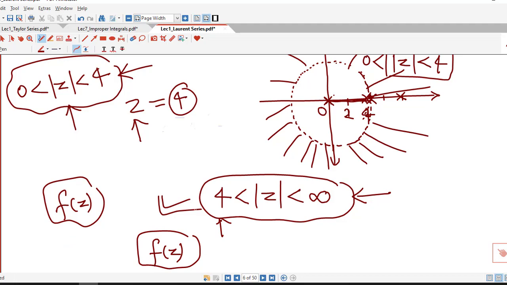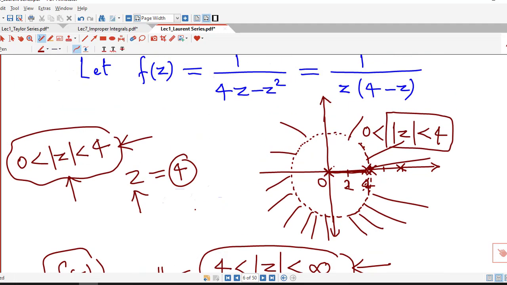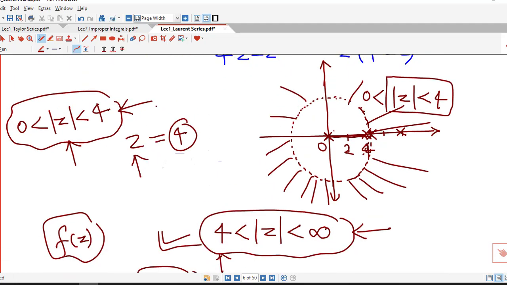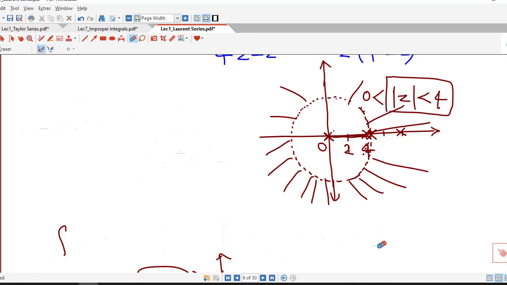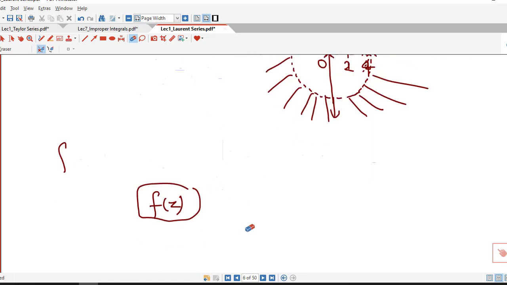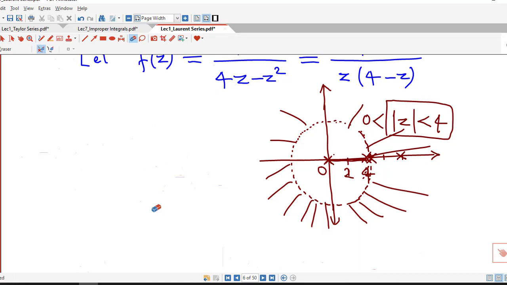So we first have to check what the different annular domains are in which the function is analytic, and then accordingly we represent f of z as a Laurent series in different domains. For this problem it is enough that our function is analytic in the domain 0 less than absolute value of z less than 4.